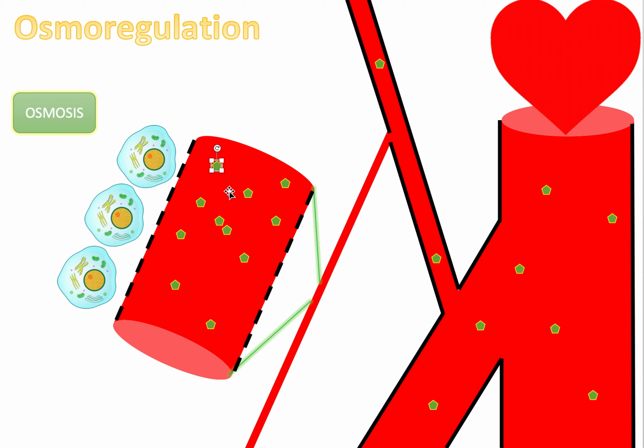By this logic, you can see the ions really matter, because if there are too many ions, even if there's enough water, the water won't leave the vessels. Actually, the water will leave the cells into the vessels, and so the cells die because they're losing water, and that's the opposite of what we want to happen. We want the cells to gain water. So if you understand osmosis, you understand this process.